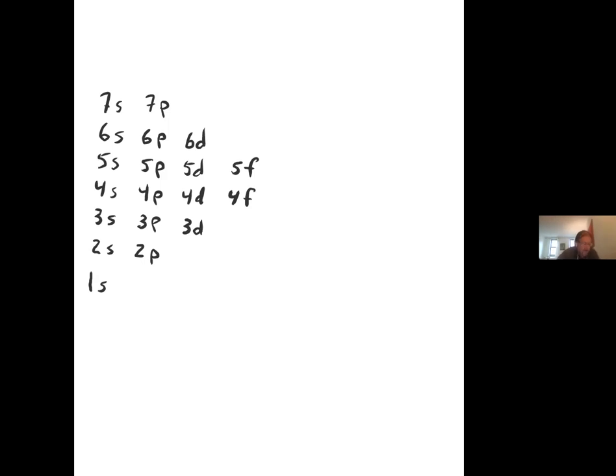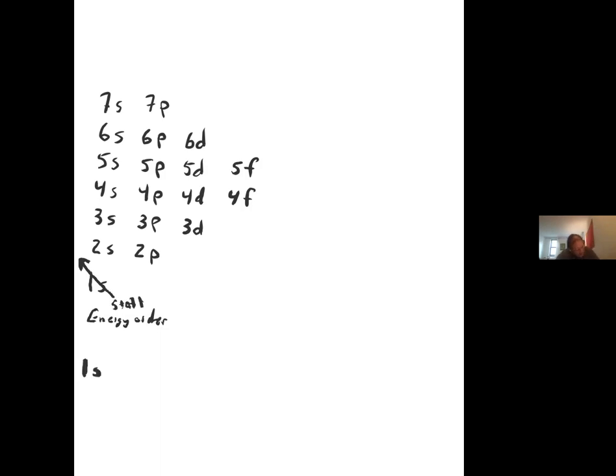Okay. So now here's how you do it. This is to get the energy order. What you do is you start right here at the bottom. And the tricky part is you want to draw a horizontal, I'm sorry, a diagonal line, right? So you start with the 1s. So I'm going to write 1s down here.